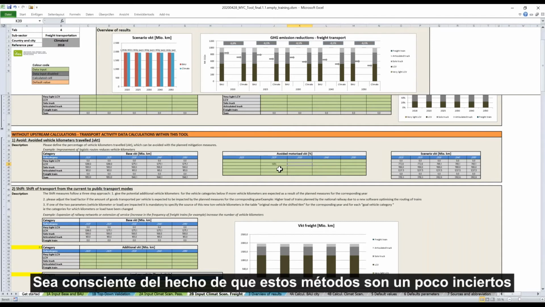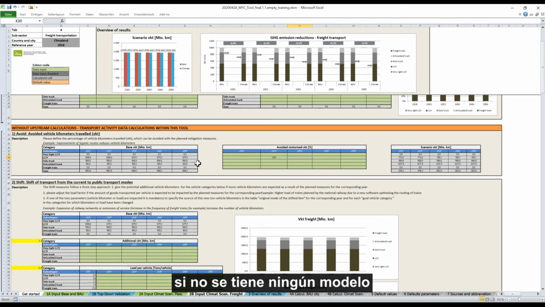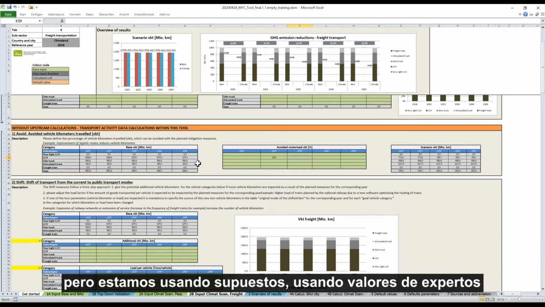Be aware of the fact that this method, you have seen it, is a bit uncertain. Of course, you don't have any model and you're doing assumptions using experts' values, surveys, and so on.